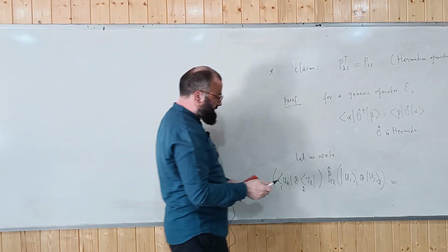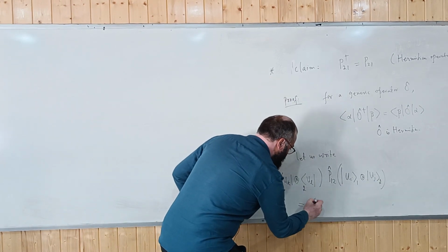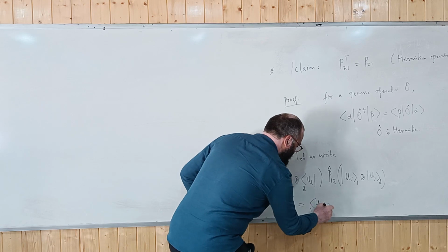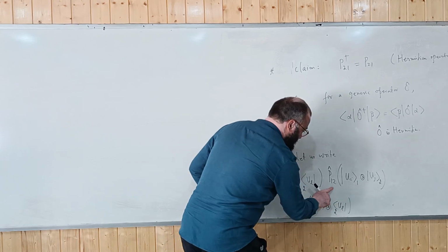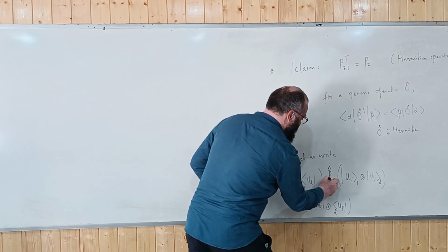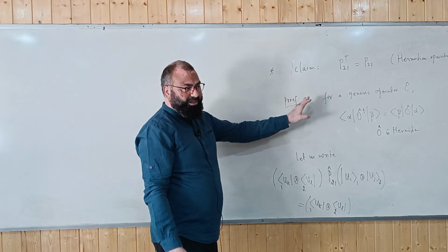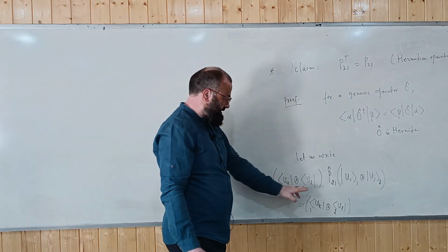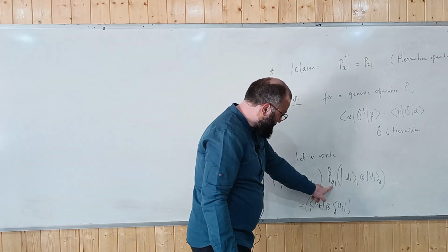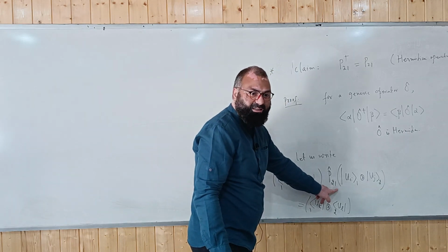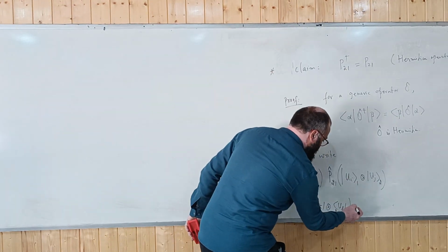So let's write it. What will this give? Keep this as such: uk1 tensor ul2. I have to take P21, our operator, but I will keep it as P21 just to remember I am putting state 2 at the first place and state 1 at the second place. Got it? Now interchange the states.